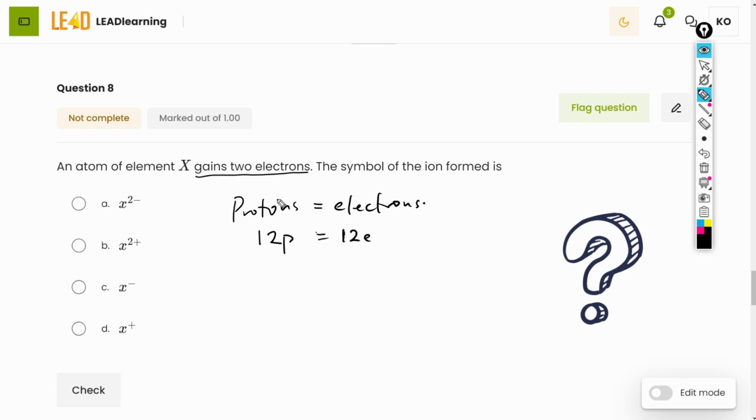Now X gains 2 electrons, so we have an extra 2 electrons. While the proton number remains 12, the number of electrons now becomes 14. If we look at the difference, there are an extra 2 electrons, so its charge would now be 2 minus, because we have 2 electrons more than protons. So that leaves us with option A as our answer.